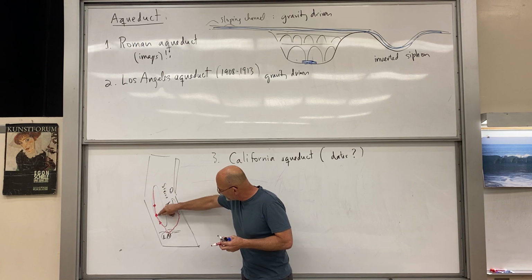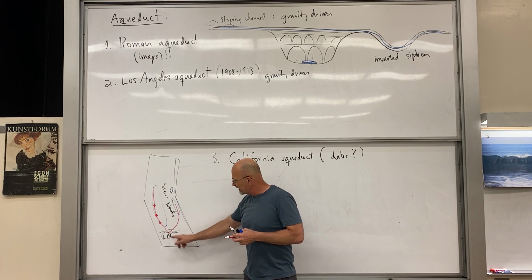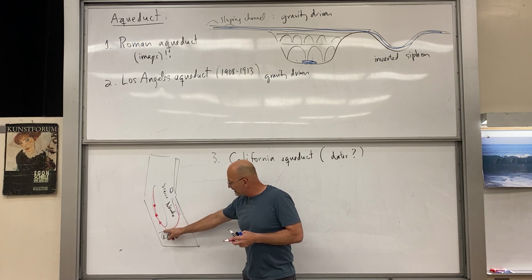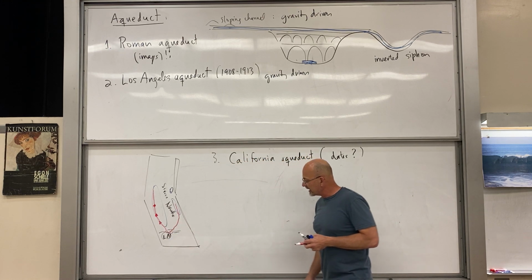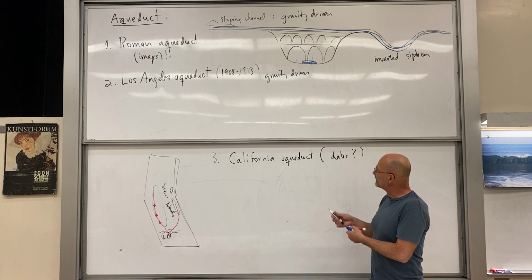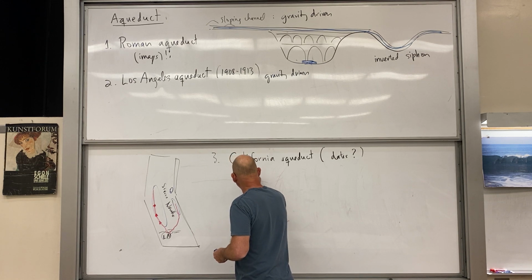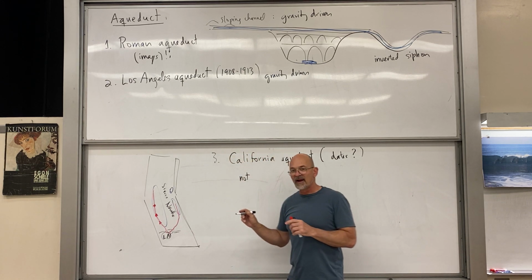It goes all the way down the west side of the Central Valley, and then crosses the mountains here north of LA. So what I want to say about this is it's not entirely gravity driven.